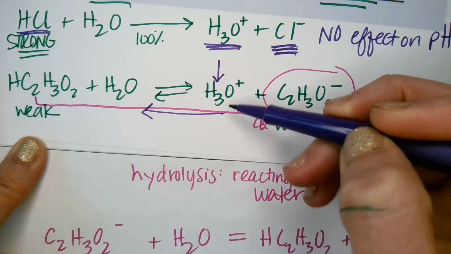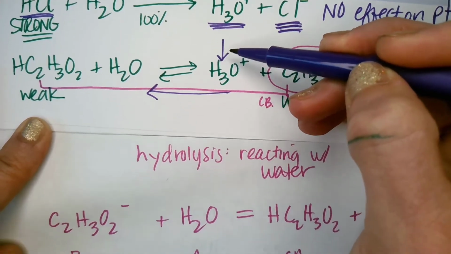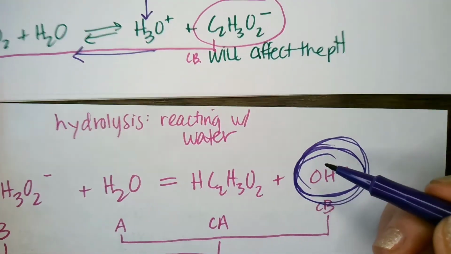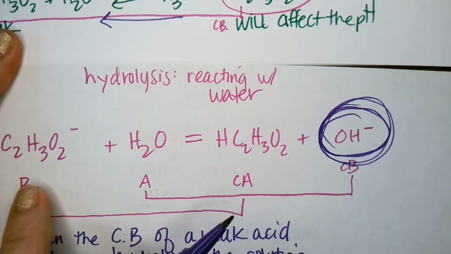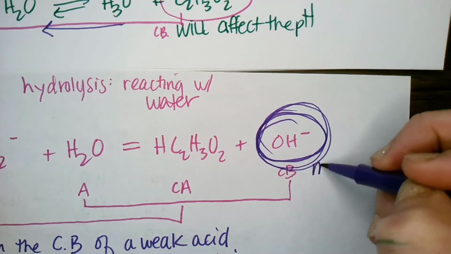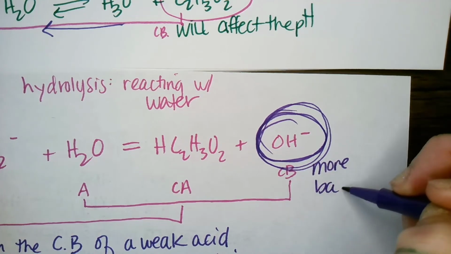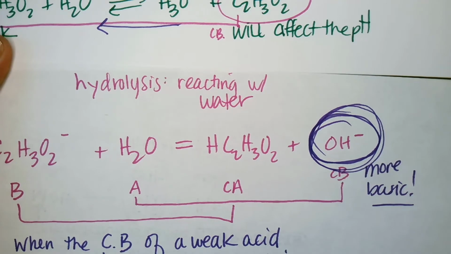So that means our H3O plus is going to go down when I am pushing back left. So that means less acidic there. So less acidic and more basic again. And then when we undergo hydrolysis, and I take that conjugate base and it creates hydroxide, this makes it more basic.